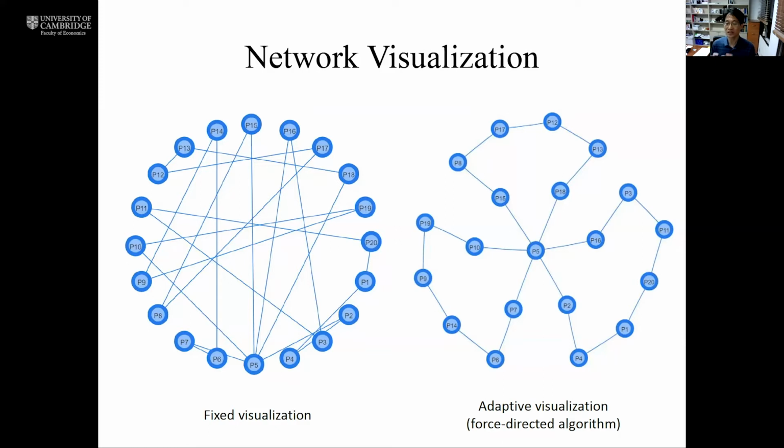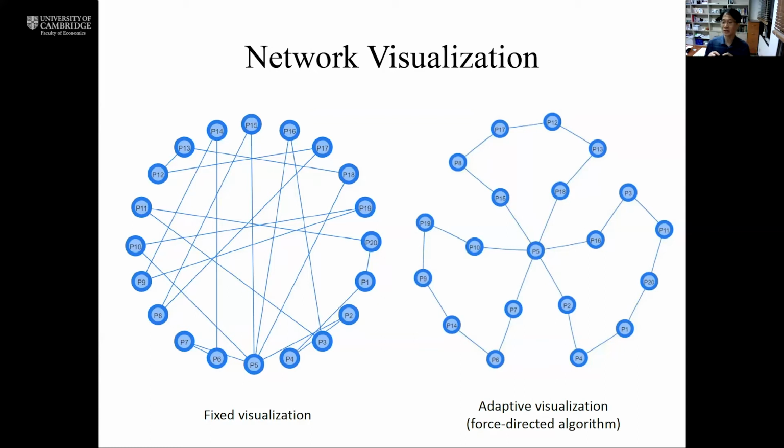By applying this adaptive visualization tool, we can present exactly the same network you see on the left-hand side of the screen visually on the right-hand side, and you can see more clearly what the network structure is. This is the network visualization tool that we use.